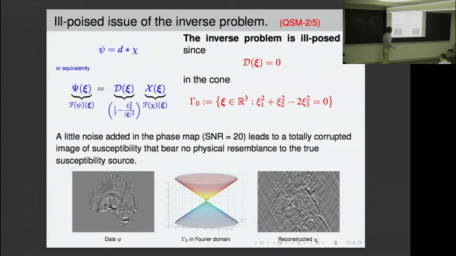Using that, we try to reconstruct the susceptibility. So the data is very noisy. That's the problem. And if it were not noisy? It's impossible to be not noisy.